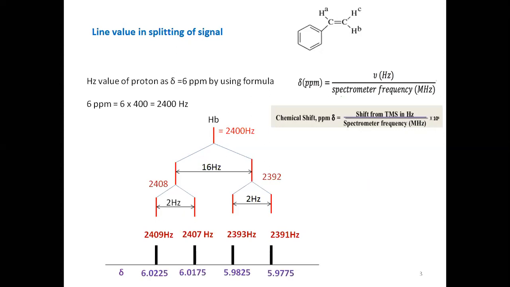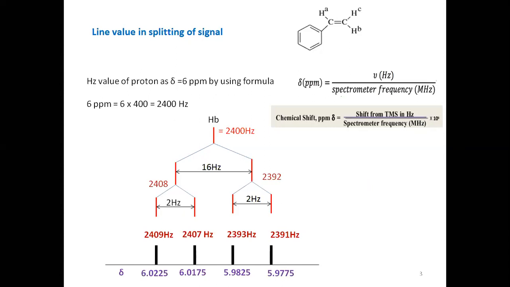So the lines will be at 6.0225, 6.0175, 5.9825, and 5.775. And the center of these lines, they say doublet of doublet. Where is the center of those 4 lines? 6.